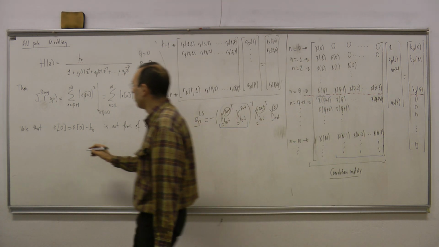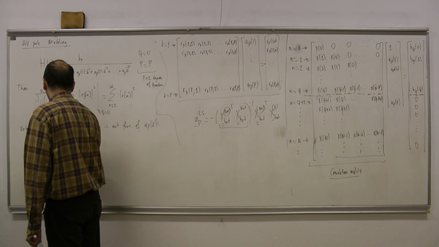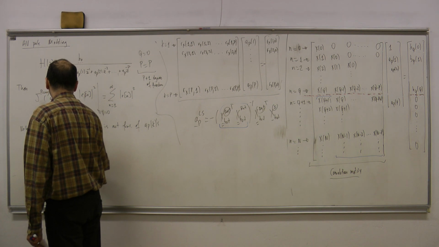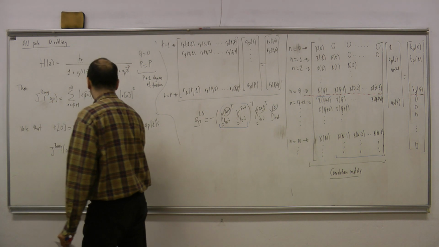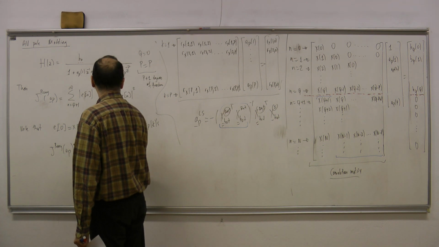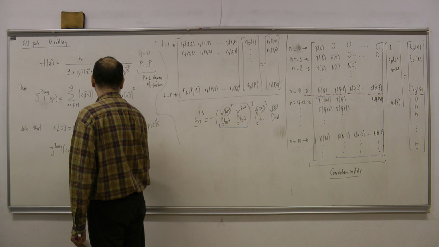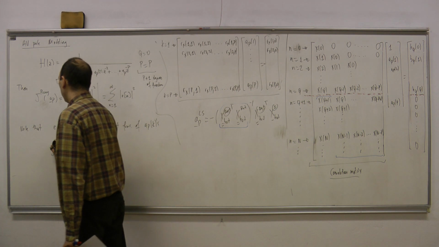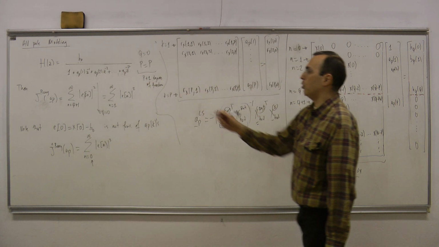So let me change this Prony error. The summation index now starts from 0 to infinity. Let's say with a hat, since it's different from the earlier one.